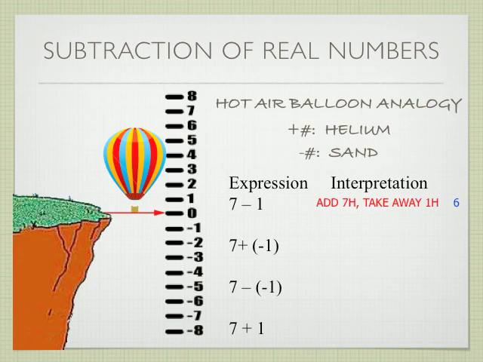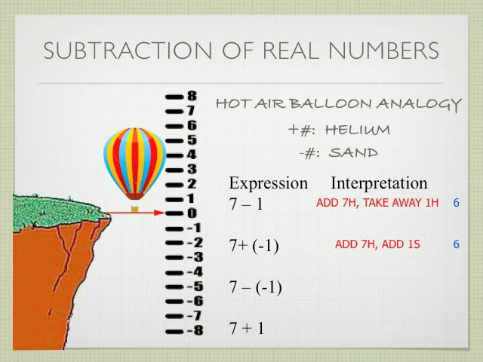On the next one, if I add 7 bags of helium, and then I add, because of the addition sign, a bag of sand, because of the -1, I add 7 heliums and 1 sand, my balloon's going to still be 6 feet above the cliff.